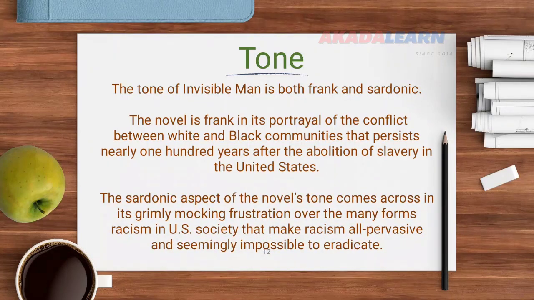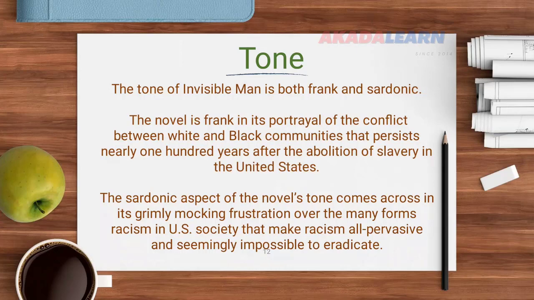The sardonic aspect of the novel's tone comes across in its grimly mocking frustration over the many forms of racism in US society that make racism all-pervasive and seemingly impossible to eradicate. You can see that there is this frustration: you're trying to eradicate something and it's just not going away because there are powerful forces trying to suppress this move.